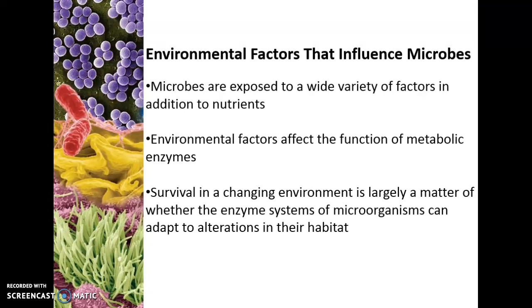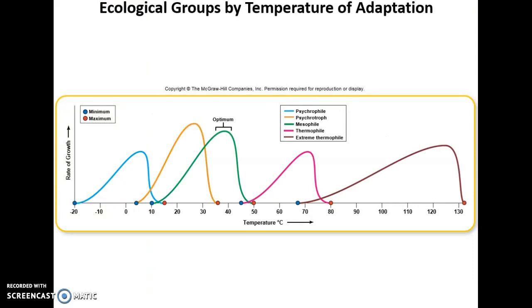And if the temperature changes or the conditions change in the environment, it's going to be dependent on how well the organism can adapt through their enzyme system to be able to survive. So with temperatures, organisms can be classified based on where their maximum growth is going to occur.